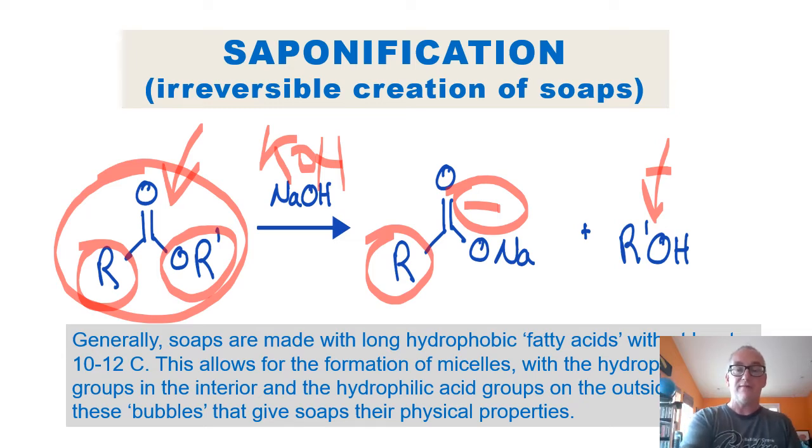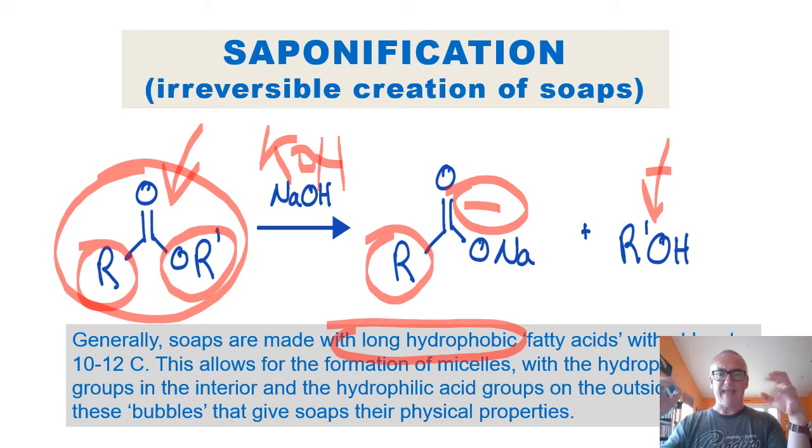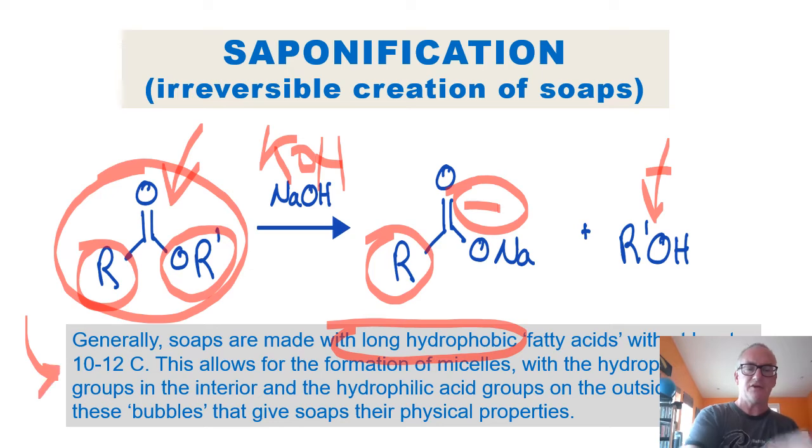So when we have these long hydrophobic acyl chains, or just carbon-carbon chains, they're super hydrophobic when we get them longer than, say, 10 or 12 carbons. They can be even longer, like 16, 18, 20, 24 carbons. Those would be very fatty acids.